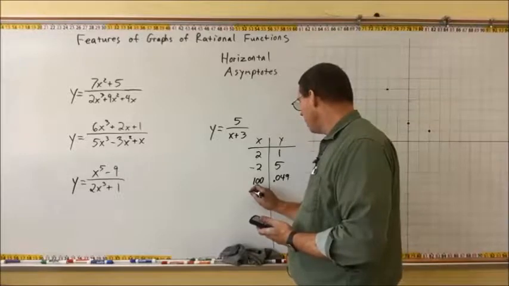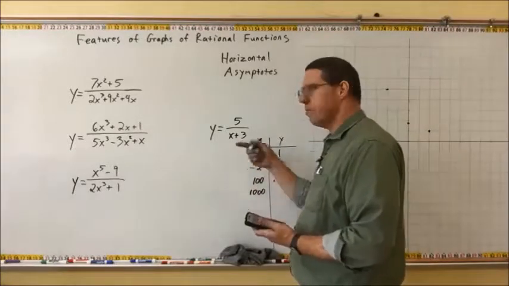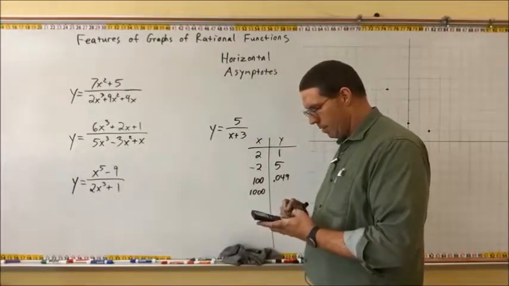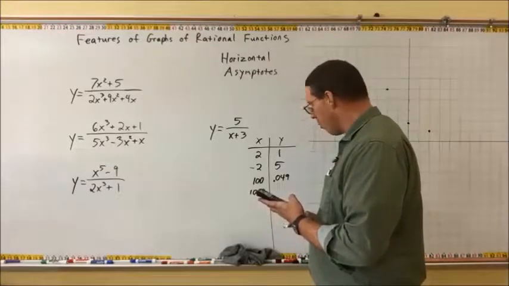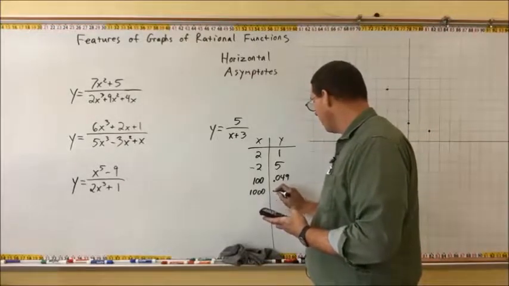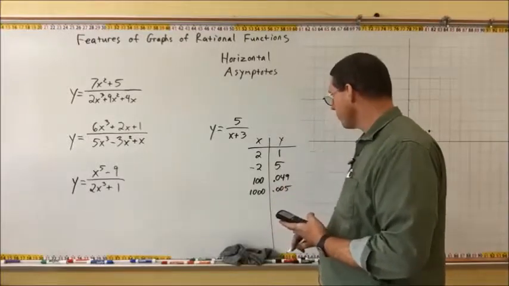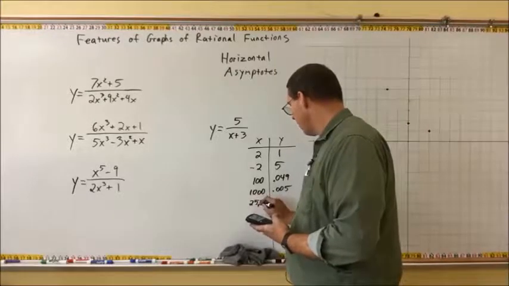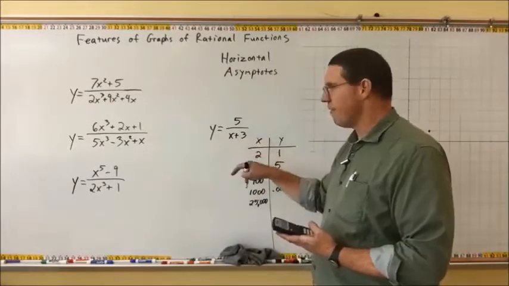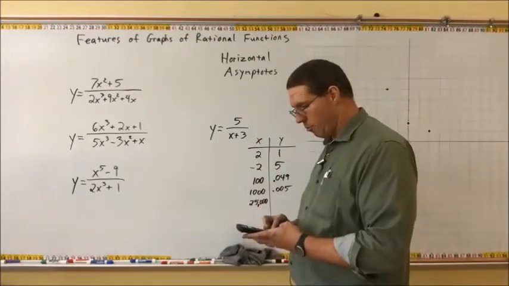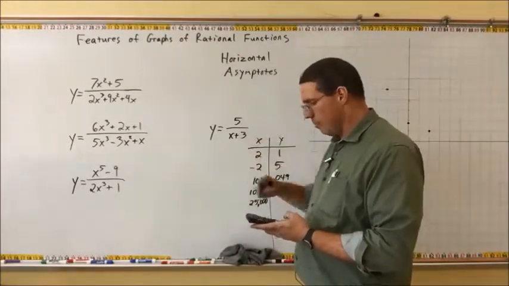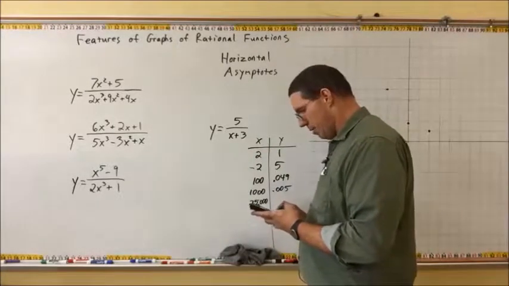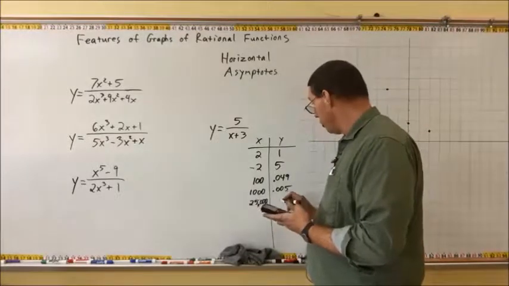What if I put 1,000 in here? 1,000 plus 3 is 1,003, and 5 divided by 1,003 is about 0.005. What if we put in something like 25,000? 25,000 plus 3 is 25,003, and 5 divided by 25,003 is 0.0002.